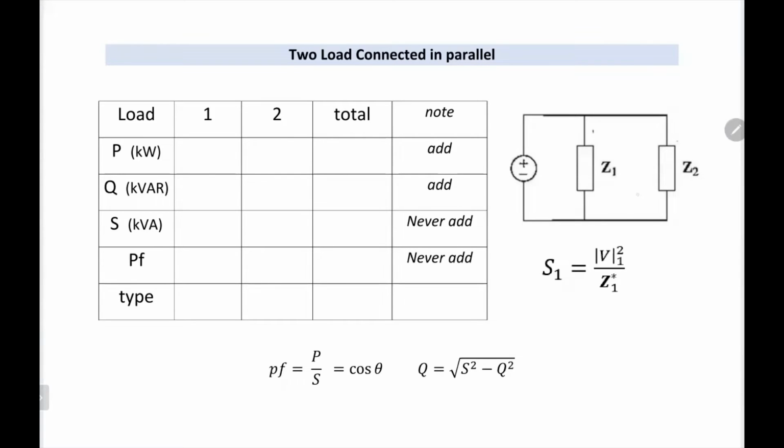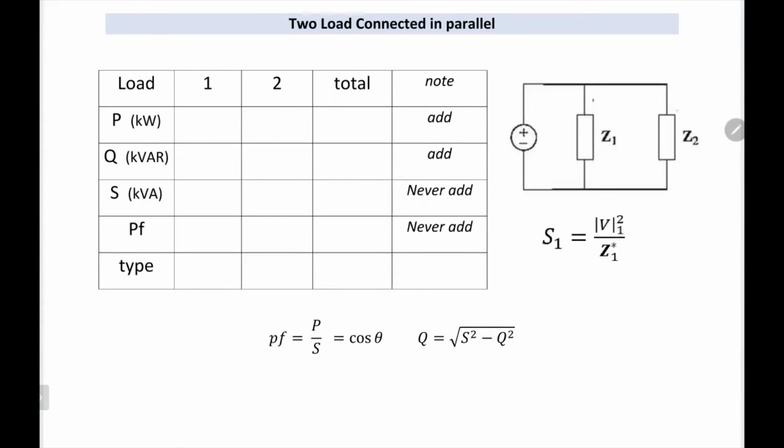So when they are in parallel, I gave you here one example: you have two loads, one Z1, the other one Z2. How do we calculate the complex power using voltage, current, impedance? If you know the current, the complex power S is equal to V times I conjugate.